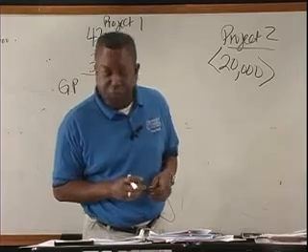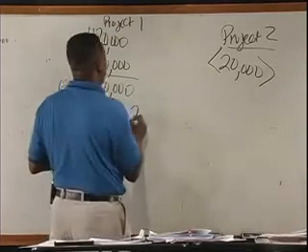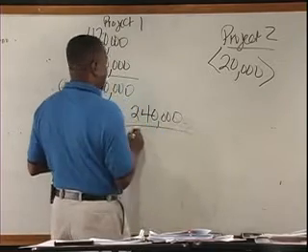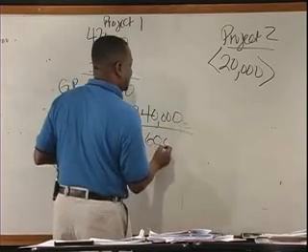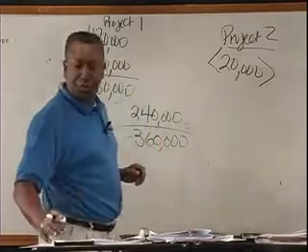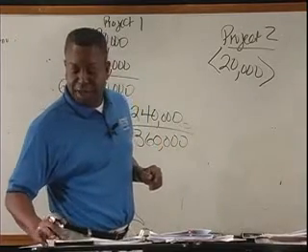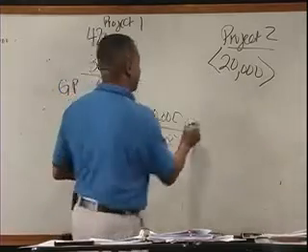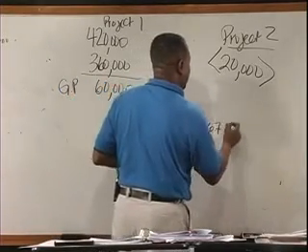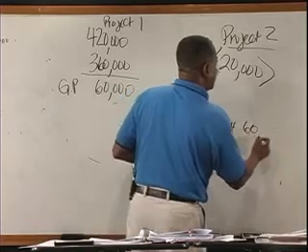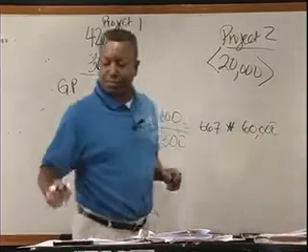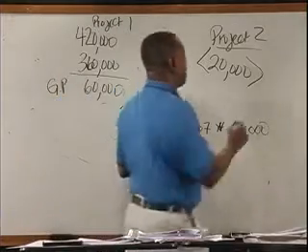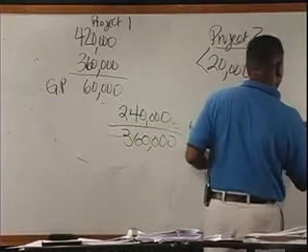So, we have costs incurred so far of $240. Total cost to complete is $360. So $240 divided by $360 is 0.667. We multiply that by $60,000, and we get $40,000.